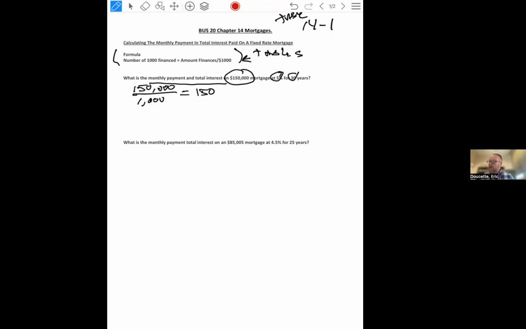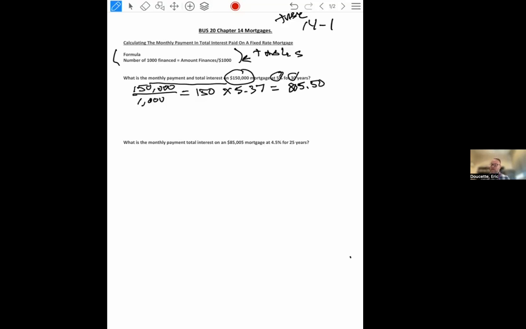So in this case, we have 30 years at 5%. We literally just go 5% on the left part over to 30 years on the right part, and it comes out to a table factor of 5.37. So when I do the math on that, it's going to give me my actual monthly payment on that particular loan.